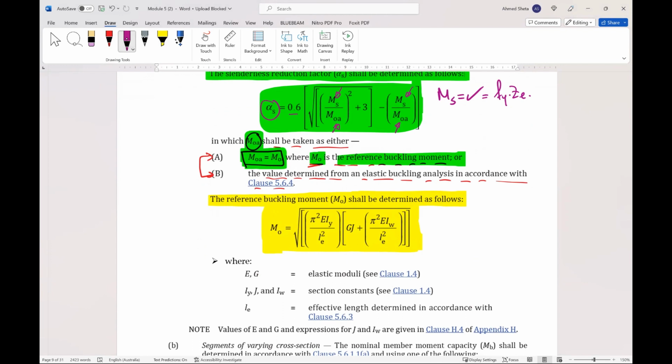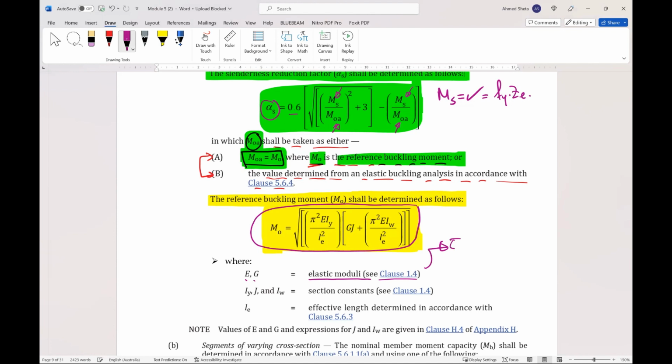So Mo equals the square root of pi squared E I y over L effective squared, all times G J plus pi squared E I w, or I warp, over L e squared, where E and G are elastic moduli of steel.